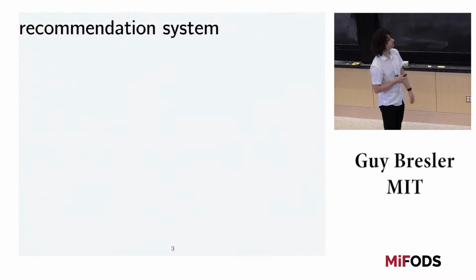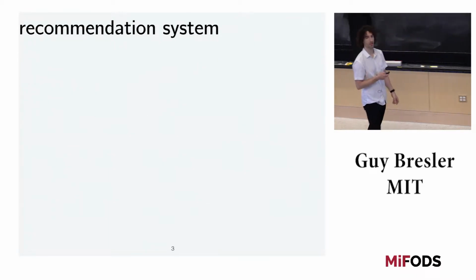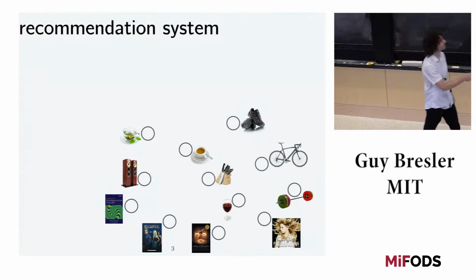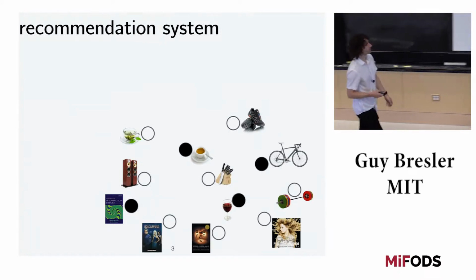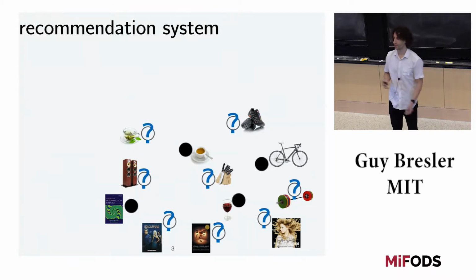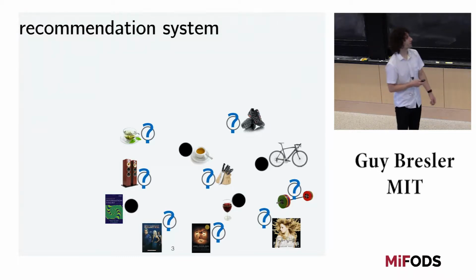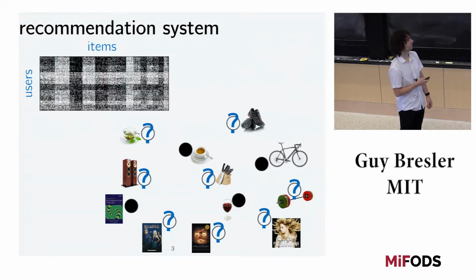Okay. Another scenario where one might want to use a graphical model is in a recommendation system. So here you have a bunch of items. The user has rated some items. Let's say they've liked all of these items. You'd like to find what is the likelihood that they're going to buy this other item if I recommend it to them. And a priori, it's not so clear how to do that.